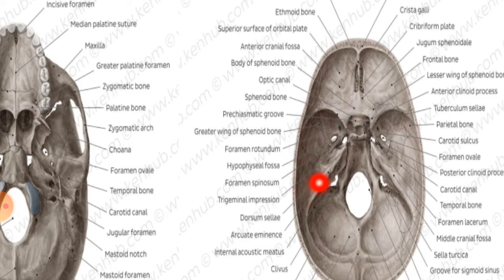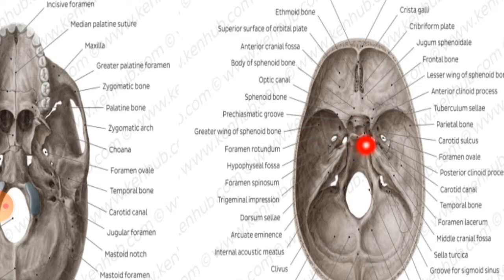This is the middle cranial fossa. The ethmoid bone is occupying most of the anterior cranial fossa. This bat shaped bone is your sphenoid bone, and I hope you can appreciate a depression which is called the sella turcica. It is found in the middle cranial fossa where the sphenoid bone lies, and it provides space to the pituitary gland.